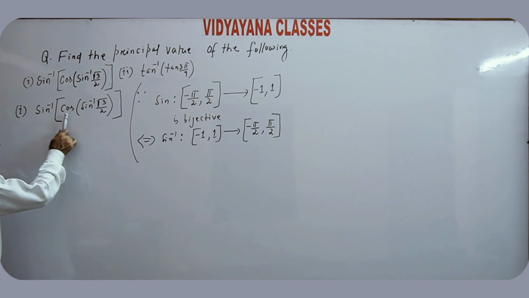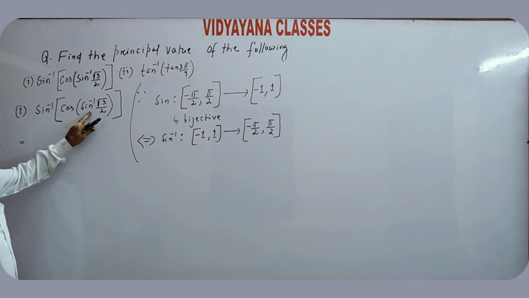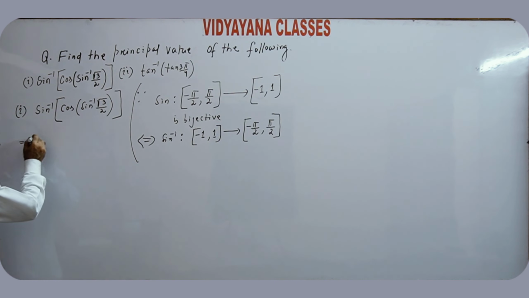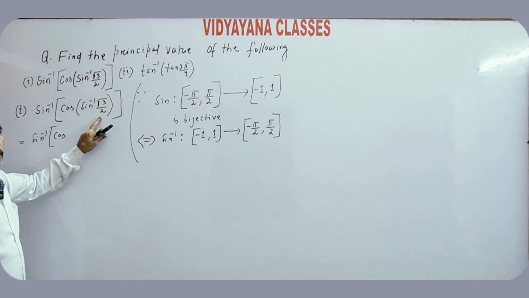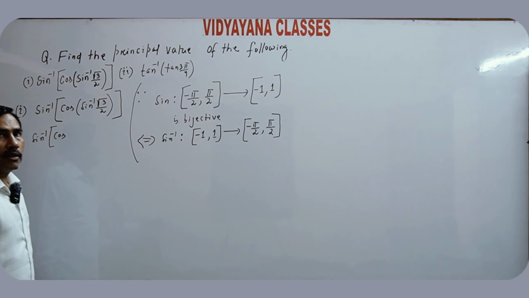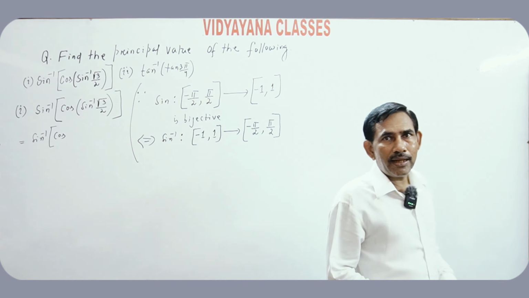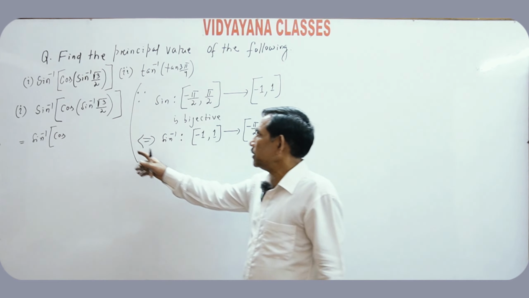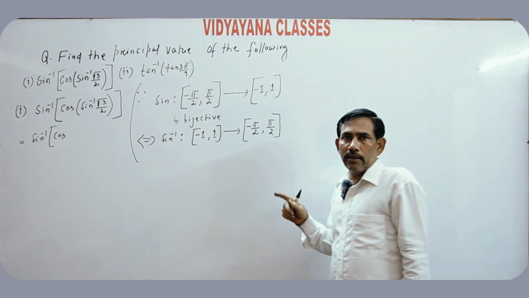Sin inverse of cos of sin inverse root 3 by 2. What is the meaning of sin inverse root 3 by 2? Every inverse trigonometric function represents a radian angle. So sin inverse root 3 by 2 represents a radian angle.